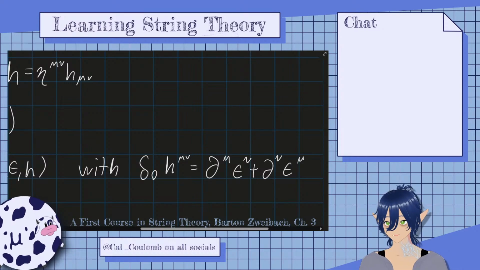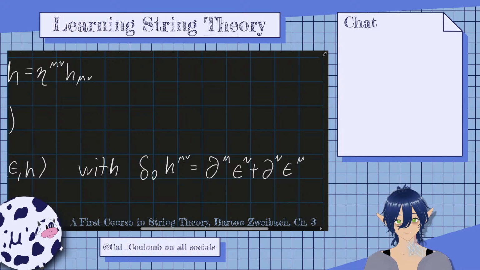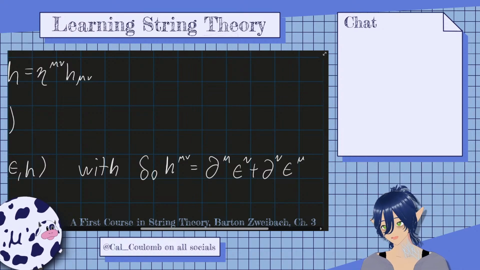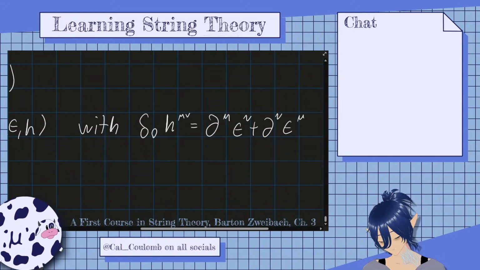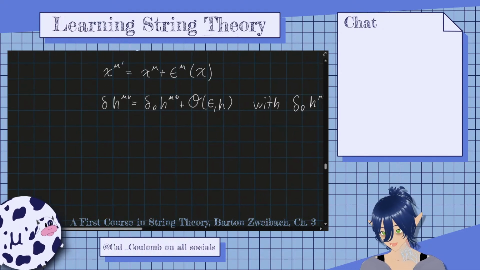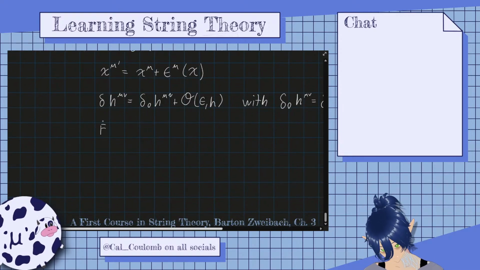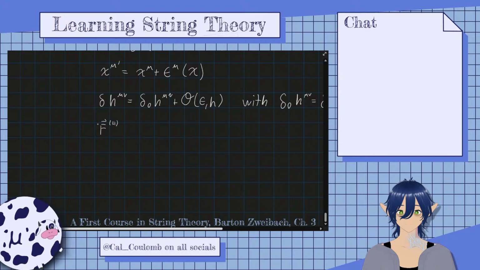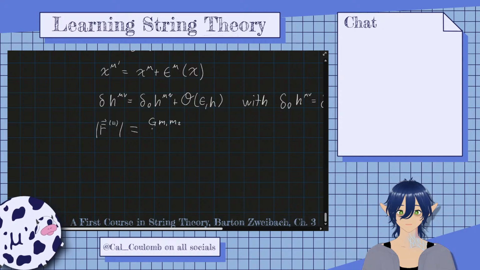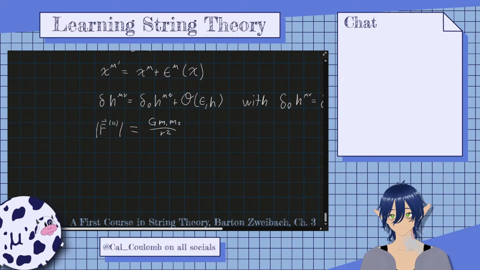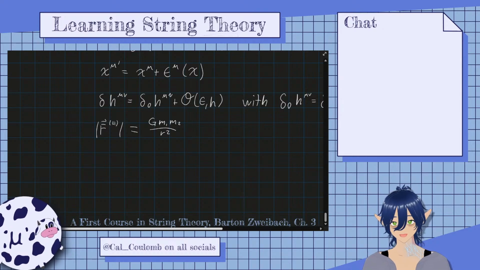Newton's law of gravitation in 4 dimensions states that the force of attraction between two masses m1 and m2 separated by a distance r is given by F^(4) equals G m1 m2 over r squared, where G denotes the 4-dimensional Newton constant.